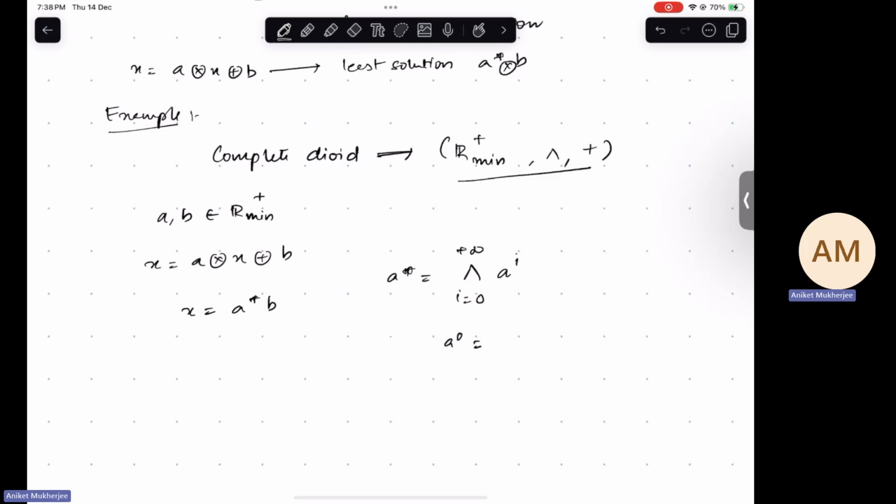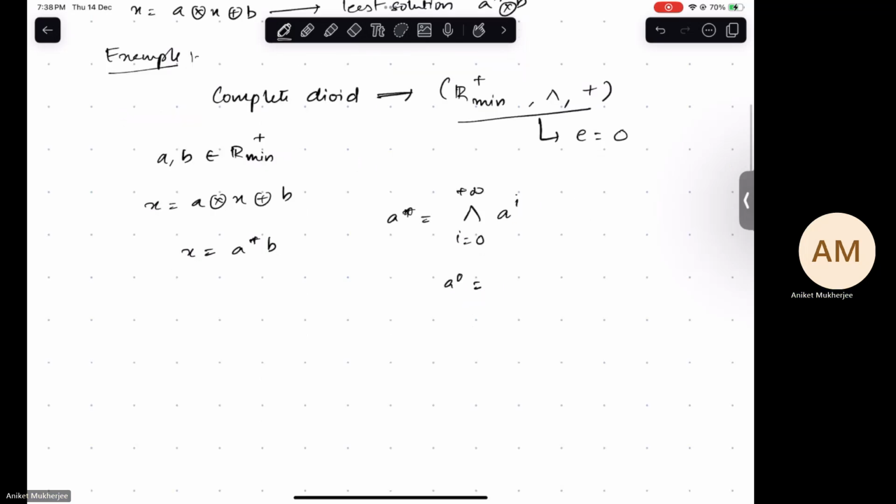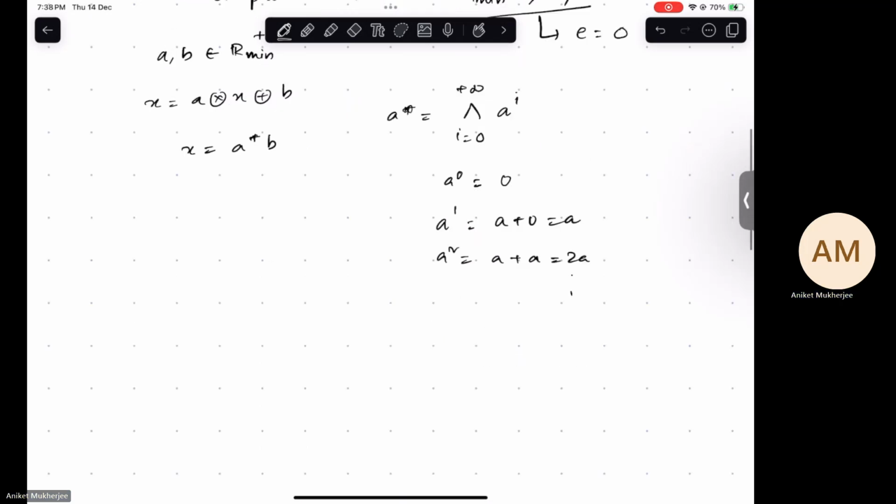Here, for this dioid, the unit element e is 0. So a^0 equal to 0, a^1 equal to a plus 0 equal to a, a^2 equal to a plus a, and so on.